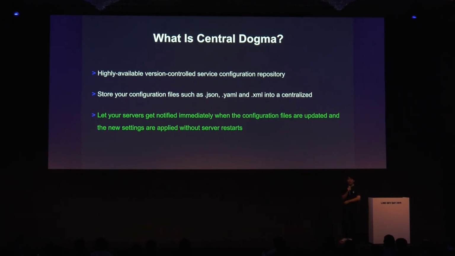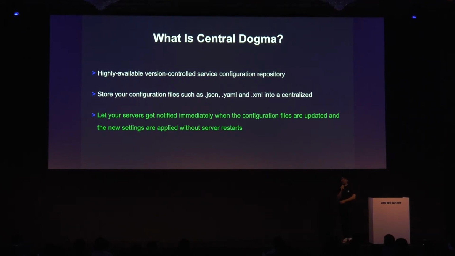Central Dogma, simply stated, is a repository system which is trying to centralize the setup files. Setup files meaning JSON or YAML files. So this is really important in the entire architecture. The client of Central Dogma can watch the files on Central Dogma.